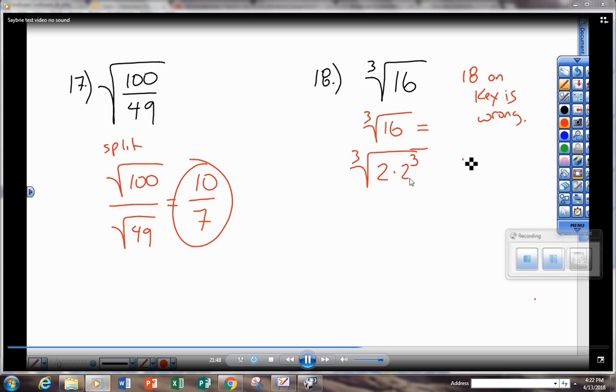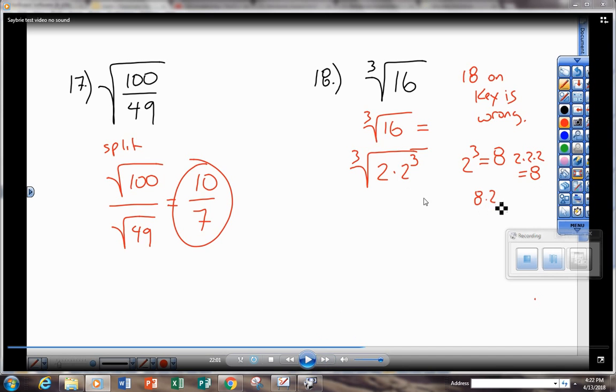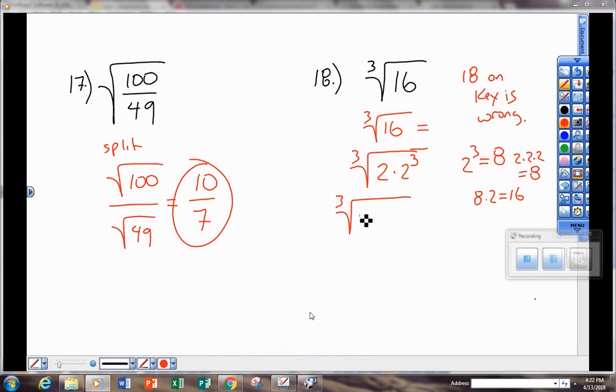I know that's kind of tricky, but 2 to the third is 8, 2 times 2 times 2 is 8. So again, break that up into 2 to the third, or 8, times 2. And the cubic root of 8, or 2 to the third, is just plain old 2.